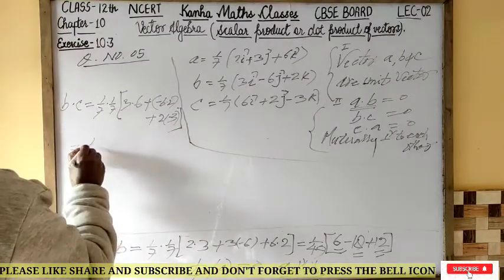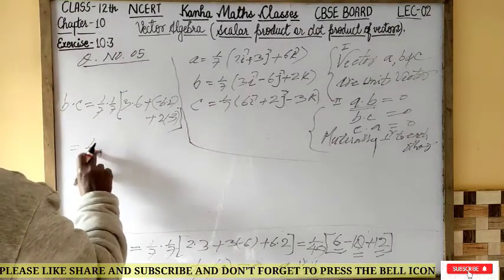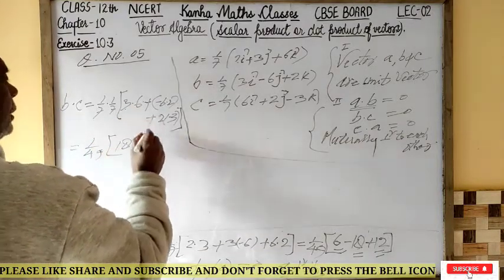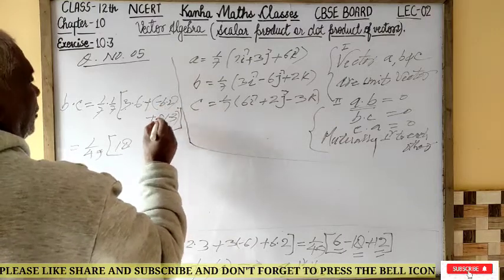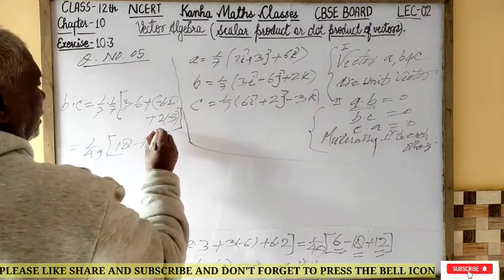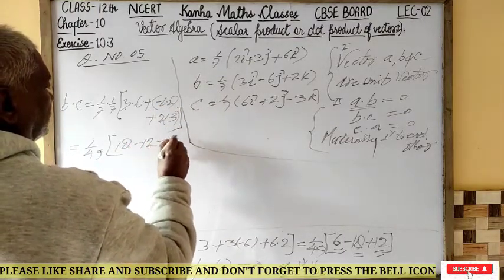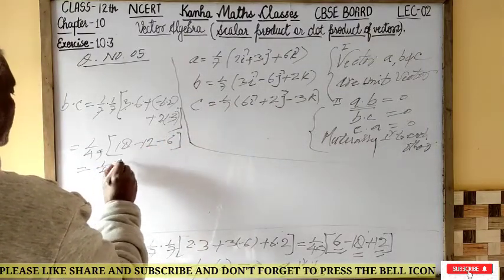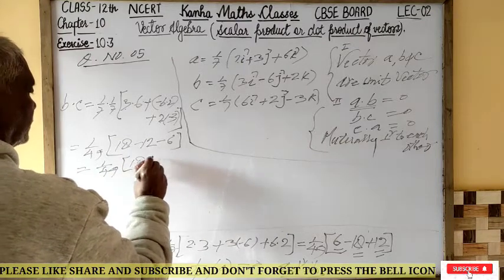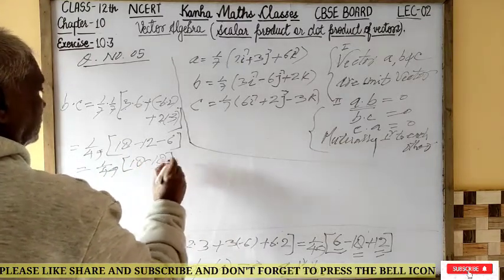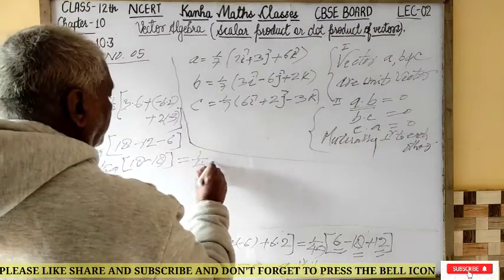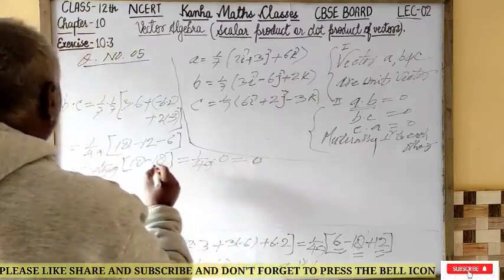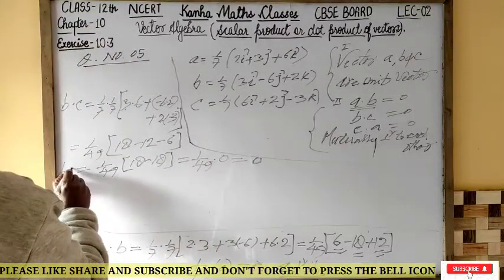This is 1 upon 49 times 18 minus 12 minus 6, that is 18 minus 18, and 1 upon 49 into 0 means 0. Hence the dot product of B and C is also equal to 0.